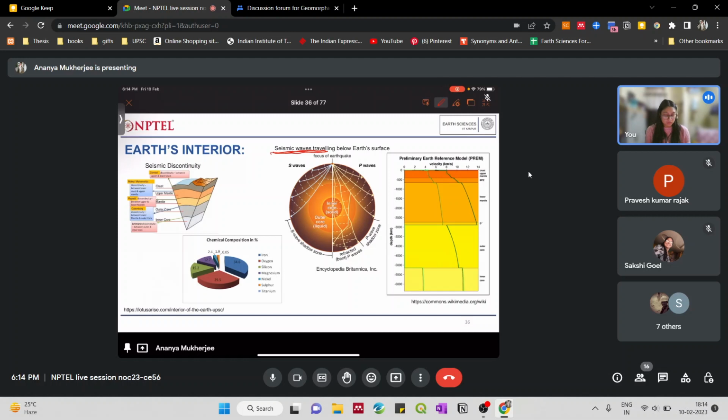during an earthquake event, there are different kinds of waves that are generated. The most common ones, the primary waves, are P waves, and you have shear waves. How these travel from one point on the surface of the Earth to another point on the surface can give us an understanding about how the Earth's interior is layered.